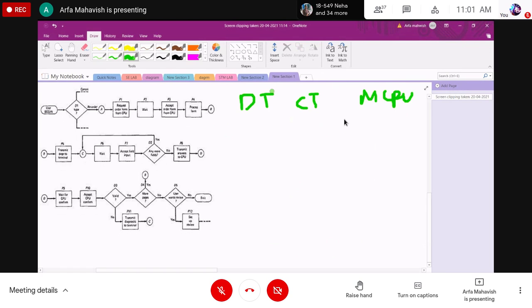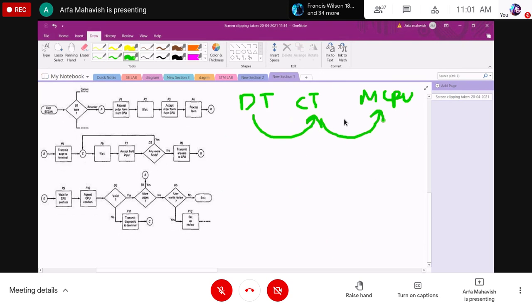Whatever the demo terminal information will be, it will be collected in the control terminal. And all the information of the control terminal is controlled by the main CPU. So this control terminal information will be controlled by the main CPU.